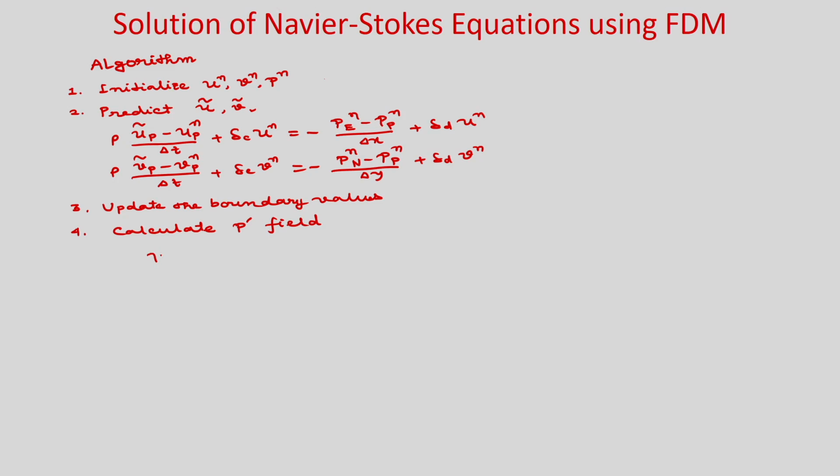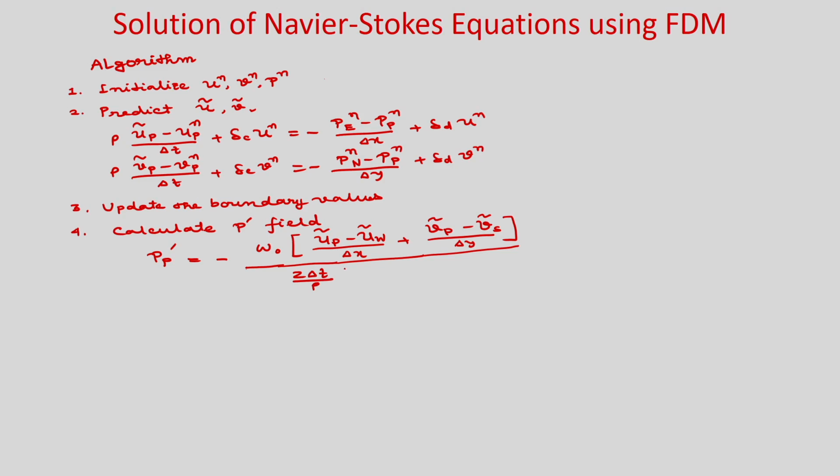You have the equation: p prime is equal to minus omega naught, which is your over relaxation factor, times (u_P tilde minus u_W tilde divided by delta x plus v_P tilde minus v_S tilde divided by delta y), divided by 2 delta t by rho times (1 by delta x square plus 1 by delta y square).